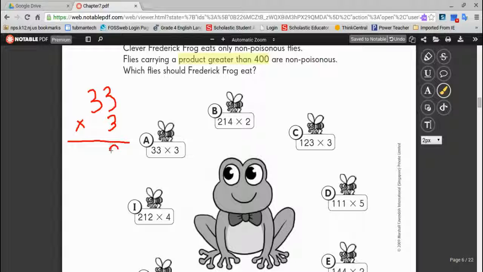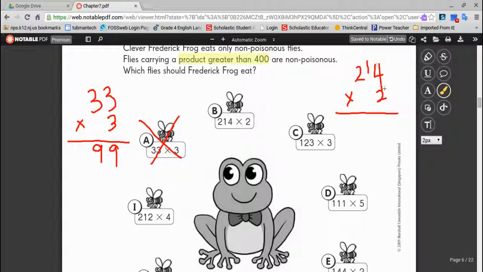3 times 3 is 9, and 3 times 3, and that's my tens. 3 tens times 3 is also 9. So A is 99. 99 is not greater than 400, so I'm crossing that out. Let's do B. 214 times 2.